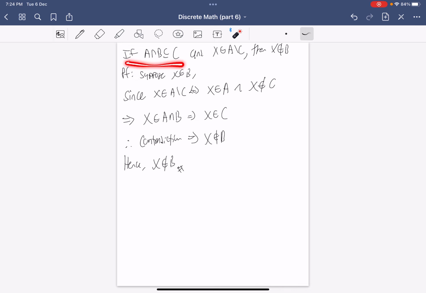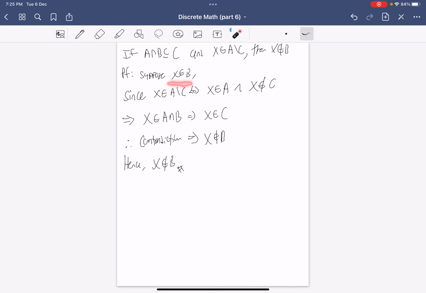So firstly, given our assumption that A intersect B is a subset of C, we know that x is an element of A minus C. You want to prove that x is not an element of B. There is a direct way, but it is better to suppose that it is an element of B, because you want things to be elements of, so that you can play around with the definition more easily.